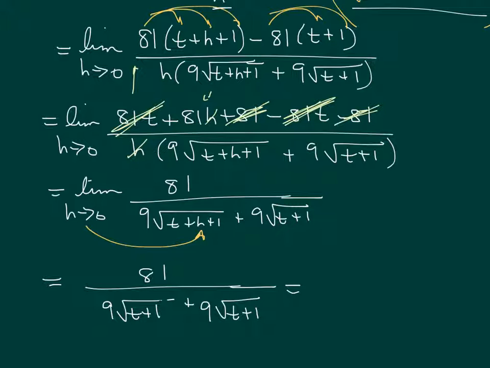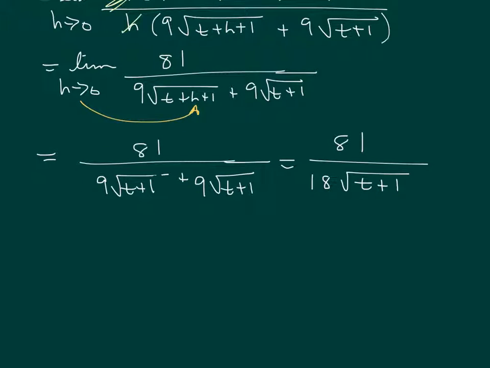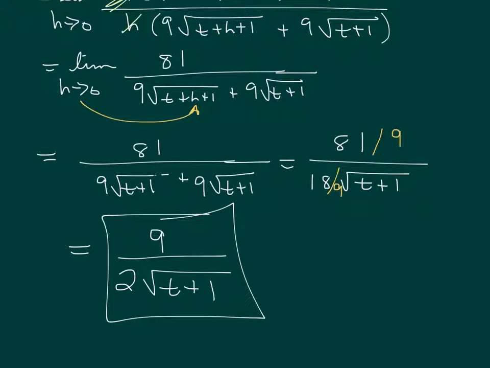On the bottom, 9 plus 9 is 18 square root of t plus 1. I can make this look a little better by dividing out a 9 on the top and the bottom. All I'm doing is reducing it. So this equals 9 over 2 square roots of t plus 1. Remember, this is the derivative as a function.